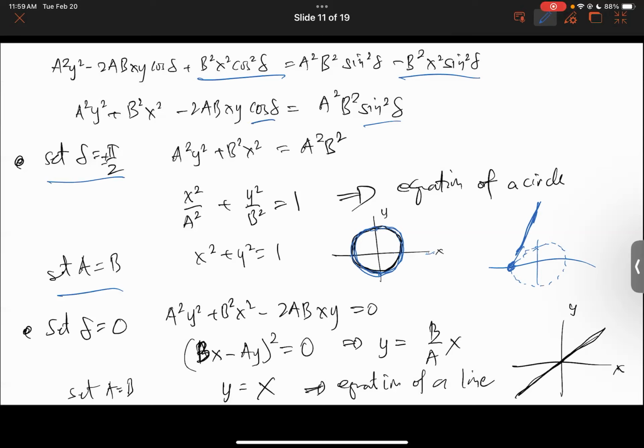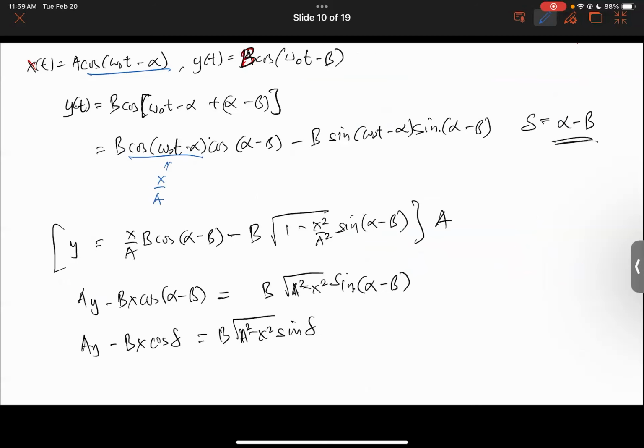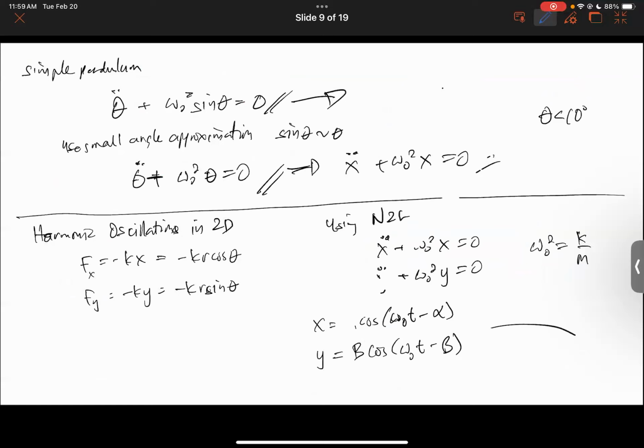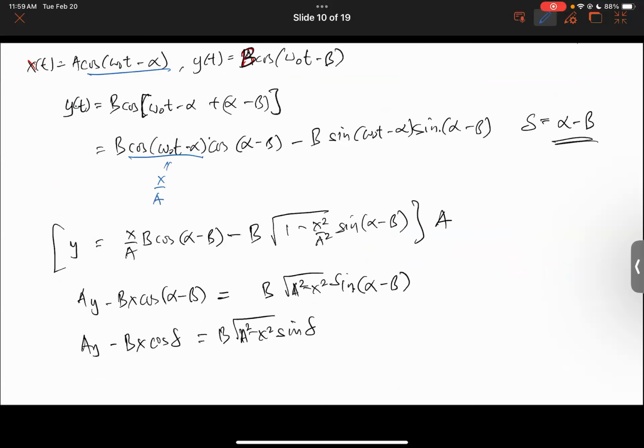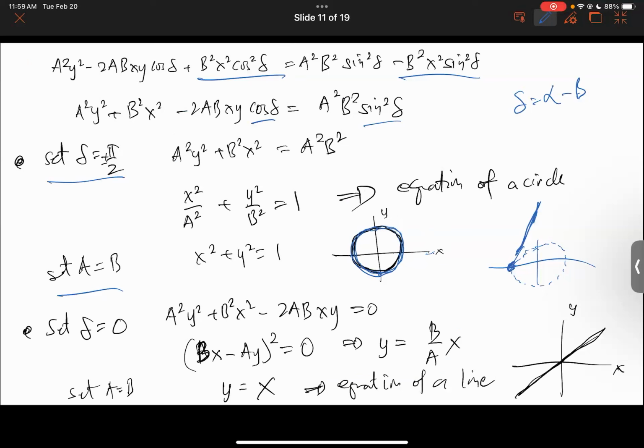Okay, delta, remember, delta is equal to alpha minus beta. And alpha is the phase lag for x and beta is the phase lag for y. So, yan yung makukuha natin na motion niya. And what if delta is equal to 0?